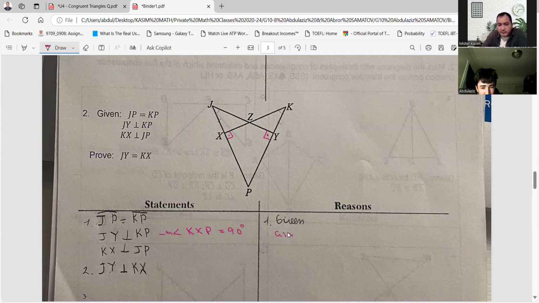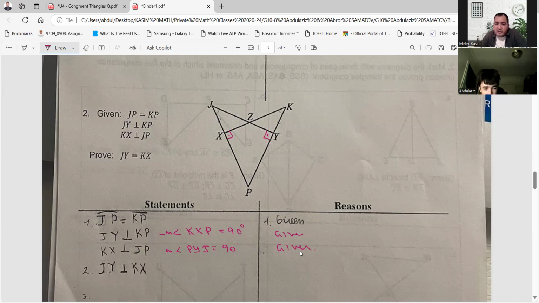It's given because it's perpendicular. Also, measure of angle JYP or PYJ is 90 degrees. Also, it is given, right?